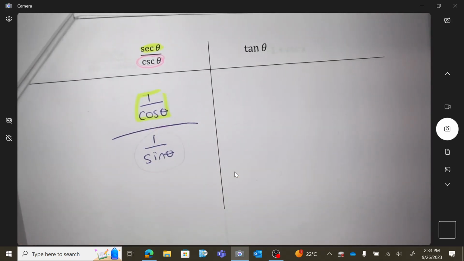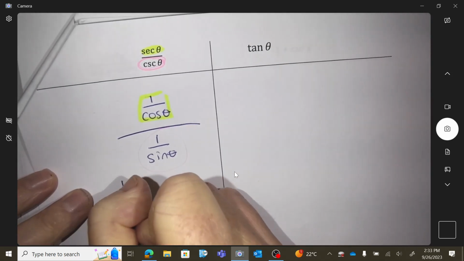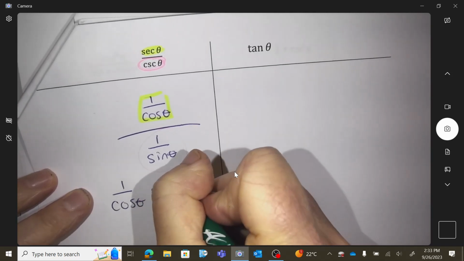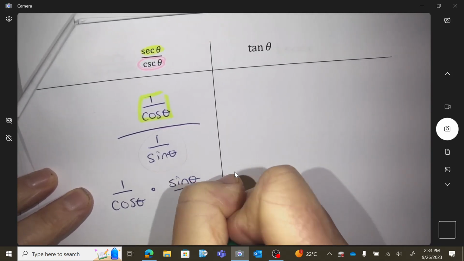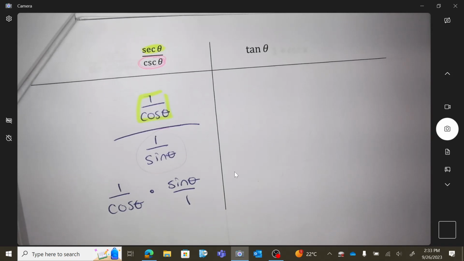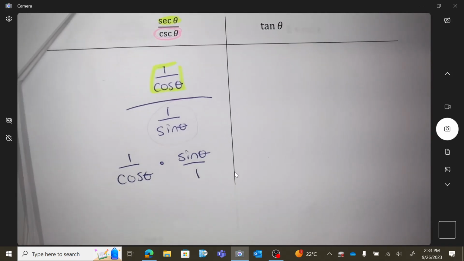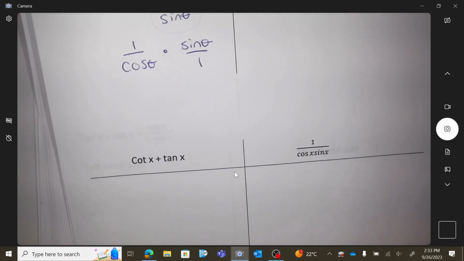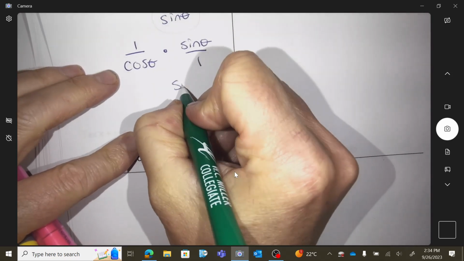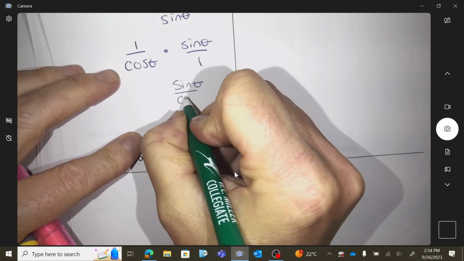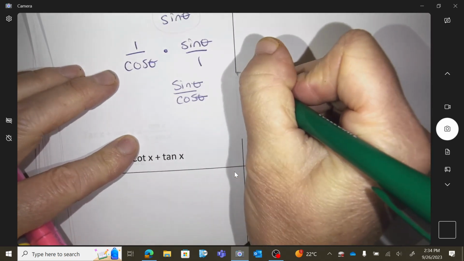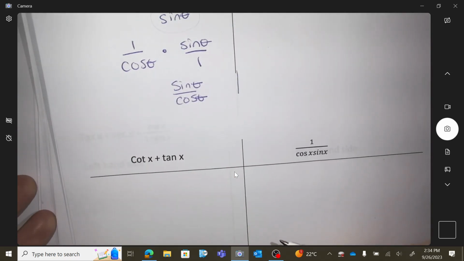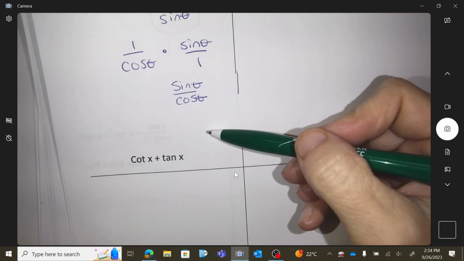Okay, now this next step would just be a math step, fraction divided by fraction. So times and flip. And then this would create a sine theta over cos theta, which can be replaced with tan theta.